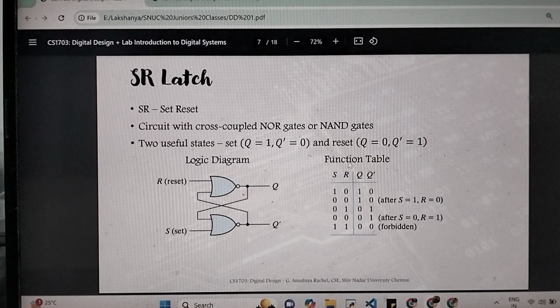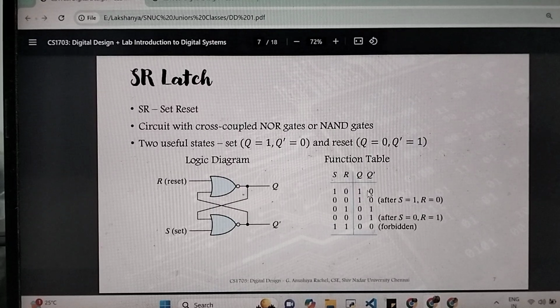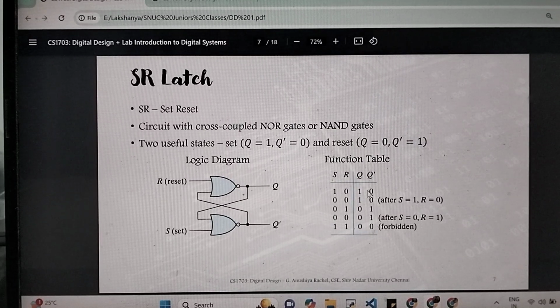So this is called the function table corresponding to this latch. Function tables are defined for every latch or flip-flop. They tell you the inputs and the state changes that happen. If these are the inputs I give, this is the next state my system will proceed to. It's important to understand these tables exactly.